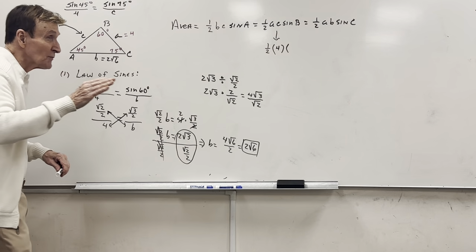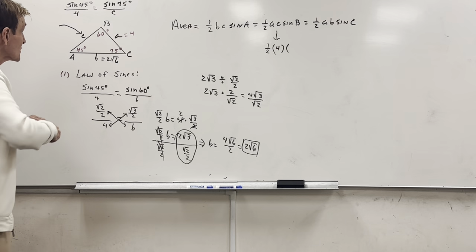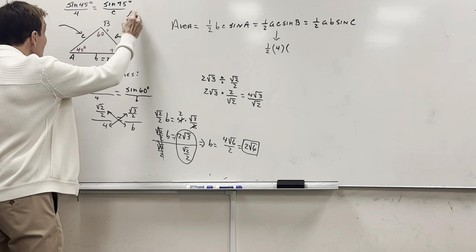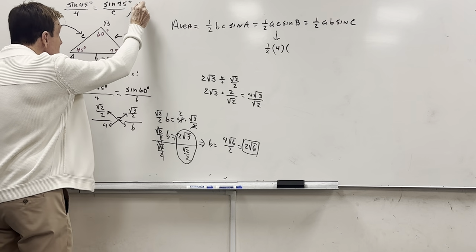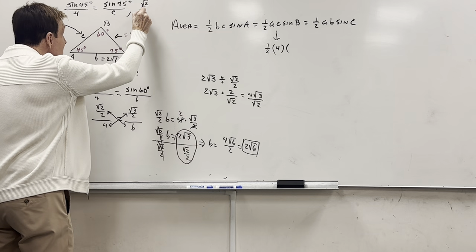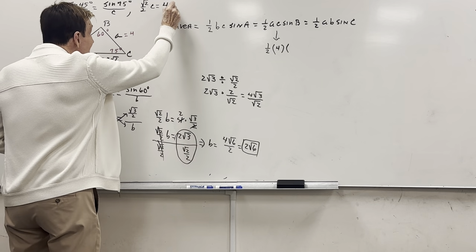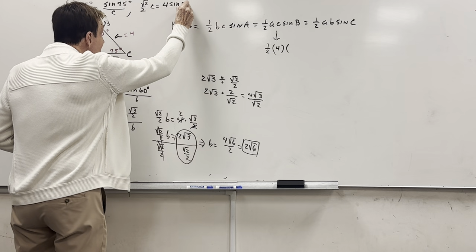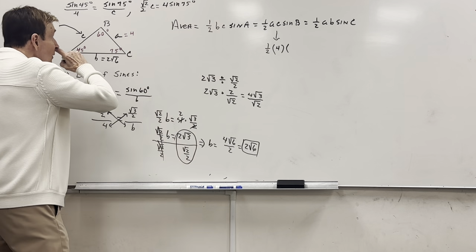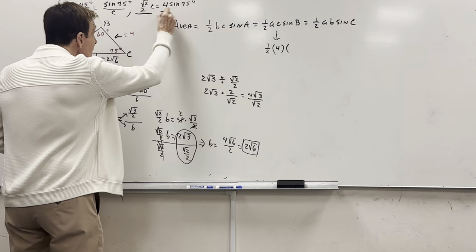Susan, I may ask you to find sine of 75 degrees for us shortly. But right now, I would have radical 2 over 2, C is equal to 4 sine 75 degrees. Oh my goodness. Here we go.